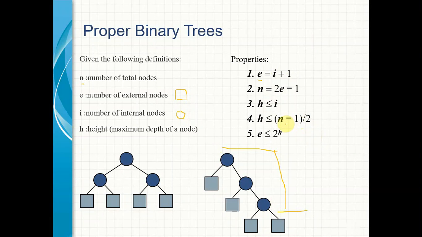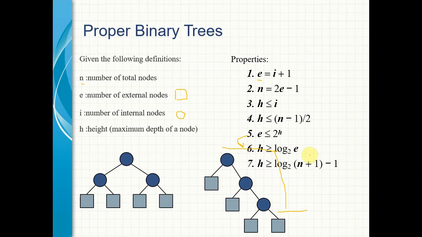Also, by calculation, you can see that E, the number of external nodes, must be less than or equal to 2 to the power h. In other words, when you calculate back, h must be greater than or equal to log base 2 of E. This is just by calculation.